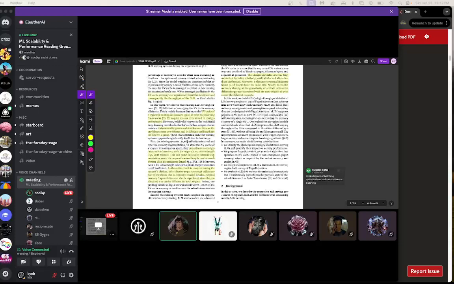The internal fragmentation is caused by the fact that most serving systems assign a continuous block of physical memory to a request, and this is greater than the memory required for storing the key value vectors of the prompt itself. So at start time, it's less, and then it can grow.